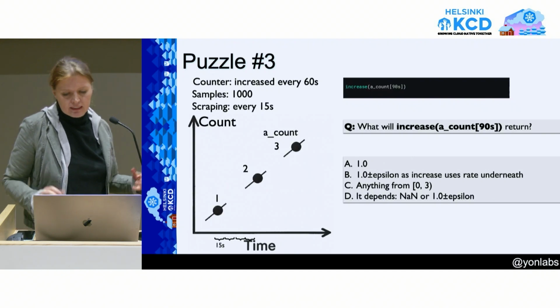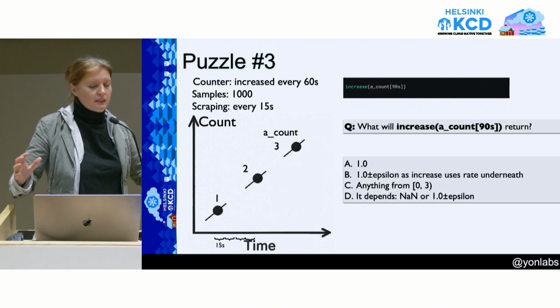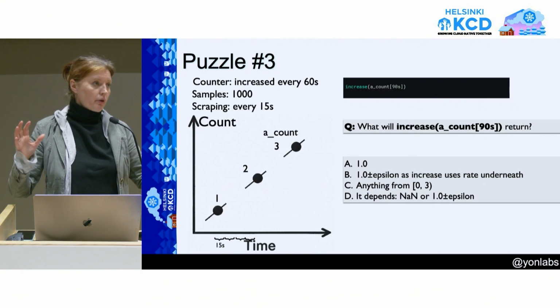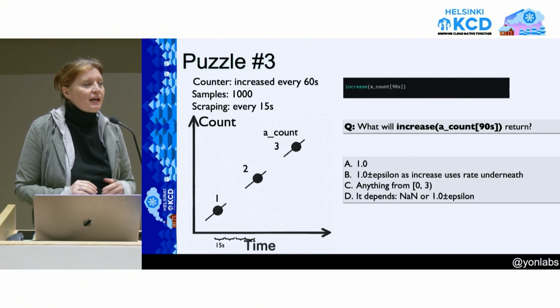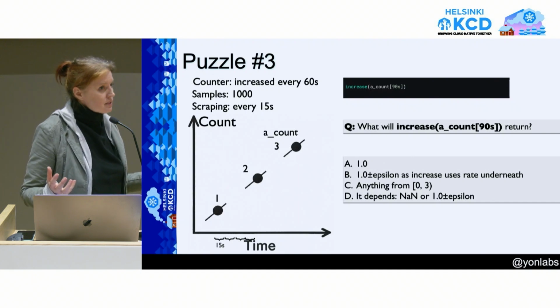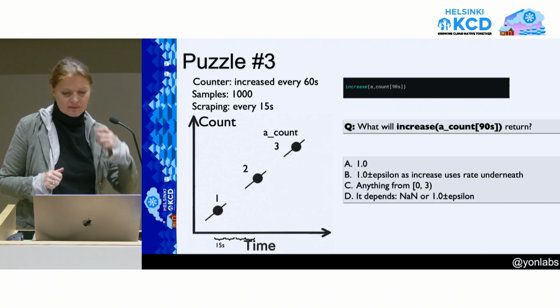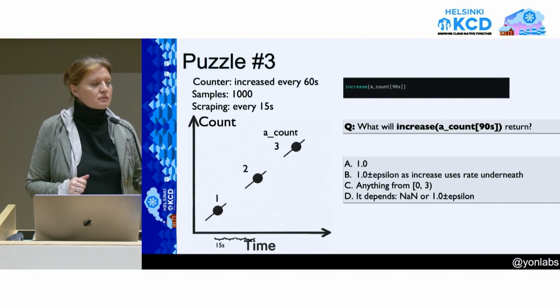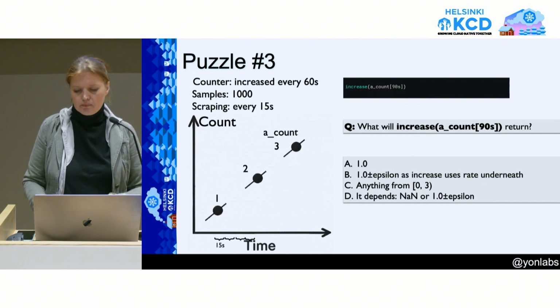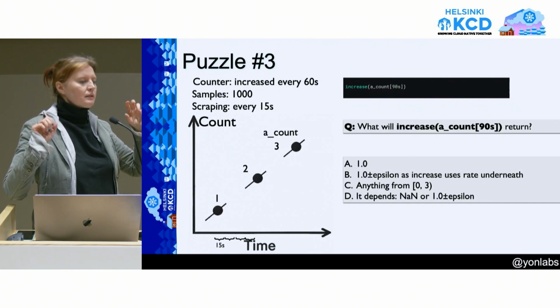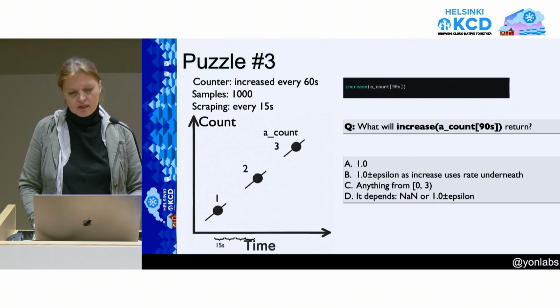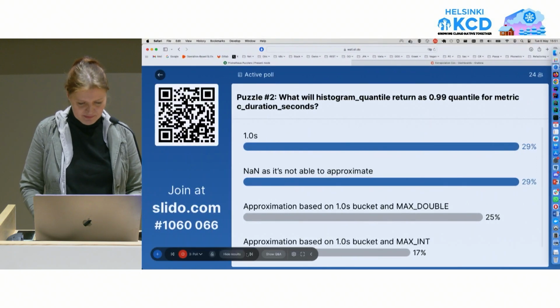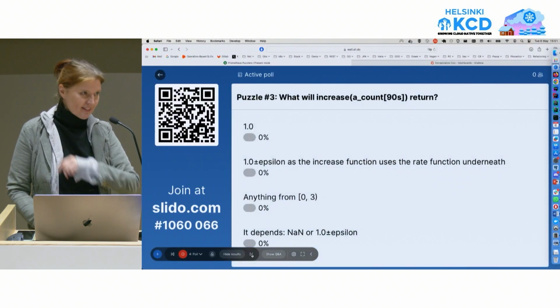Perhaps something in some range, 0 to 3, or perhaps it depends. That's the best answer in IT always, right? So it could be: it depends, none, or this 1 plus minus epsilon. What's your guess here? Waiting for your answers.